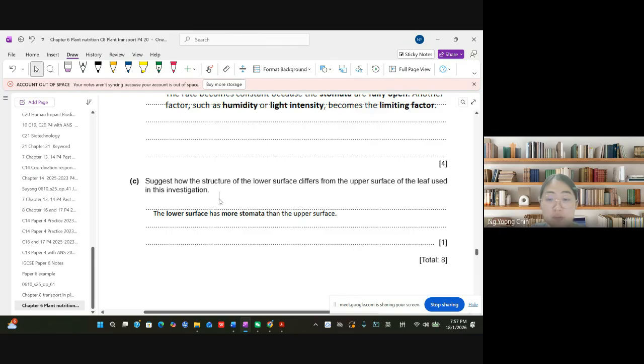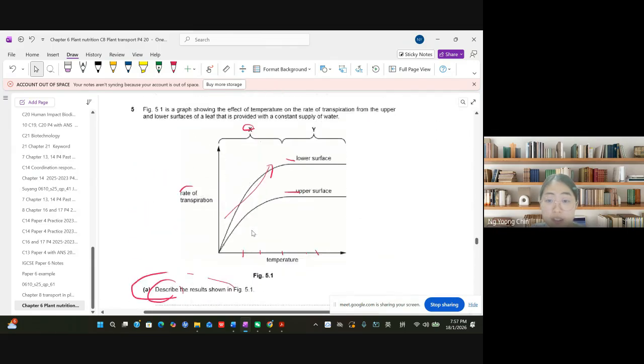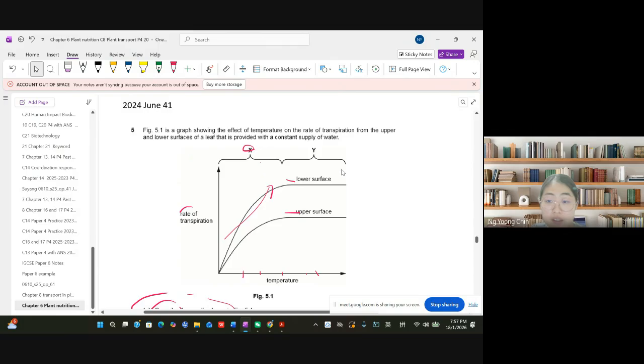So they refer to the lower surface, which has more stomata, which is this one. Lower surface, right? More stomata. And then this one, the upper surface, has fewer stomata.